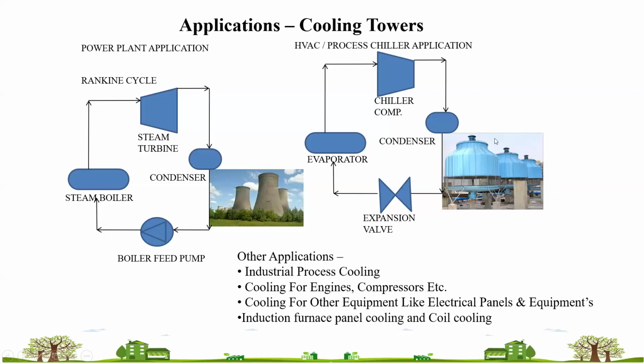The air is getting suctioned here, and with that, a fine atomization of water is sprinkled across the fills and media. The air flows in the cross direction, so they come in contact with each other, and the heat is getting transferred. So, this is the one mechanism.